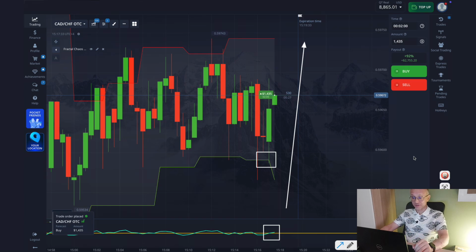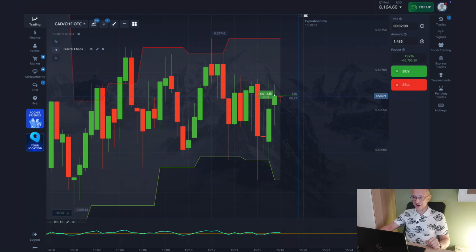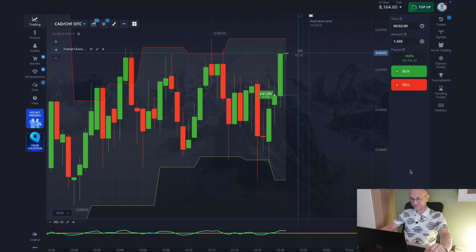Such consolidation phases almost always end with a bright breakout. Judging by the indicators and the overall dynamics, the most likely scenario is a breakout of the upper limit of this range. If this happens, the market will get a new boost and the uptrend will continue. In this situation, we can safely expect an upward movement and, as a result, a profit.